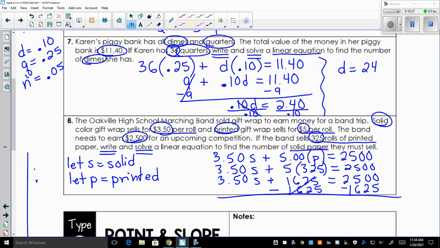And we're left with $3.50 times the number of solid rolls brought in $875. And if we divide both sides by 3.50, you have the number of solid rolls would be 250 rolls of solid paper.